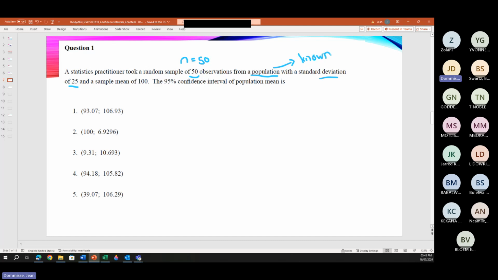So the standard deviation is known, and because it is known, I am going to use the Z. So that's the first thing that is important for me to get out of the question: the population standard deviation is known. Because it's known, I can use the Z.